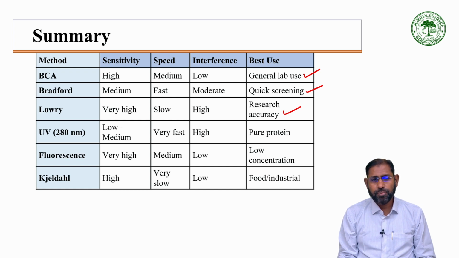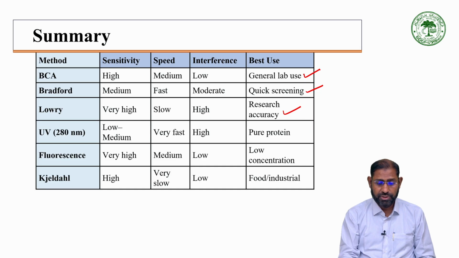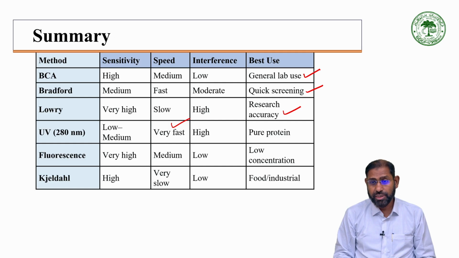UV 280 nanometers has low or medium sensitivity, but its speed is very fast, very quick, we can do quantification, but interference is also very high.